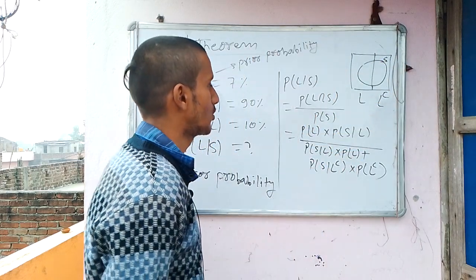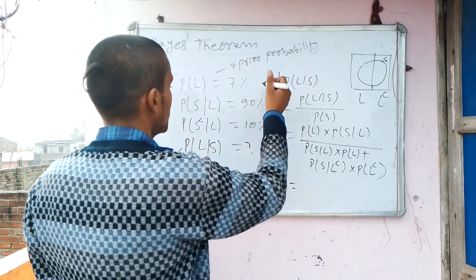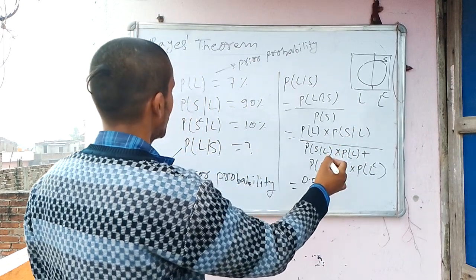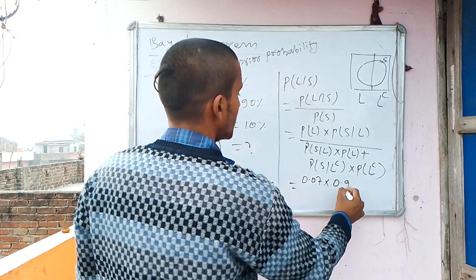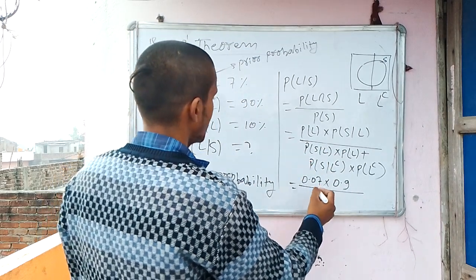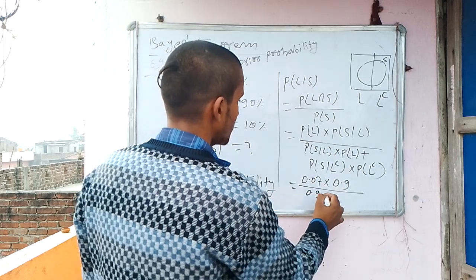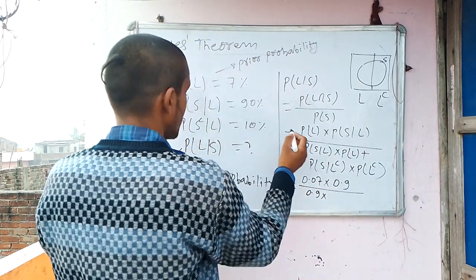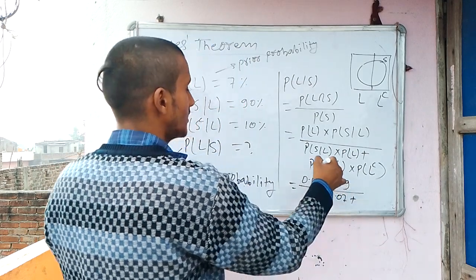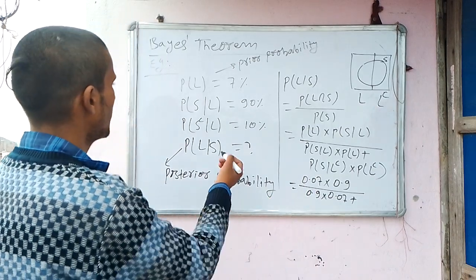That is going to be your probability of S. If you compute it, probability of L is 7%, so 0.07, times probability of S given L is 90%, so 0.9, plus probability of S given L complement. So probability of S given L complement will be what?